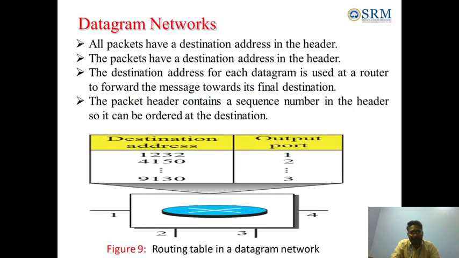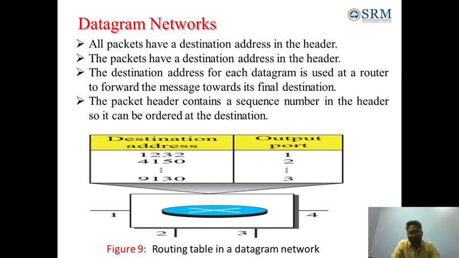The datagram network consists of two main parts: the destination address and the output port. All the packets have the destination address available in the header part. This destination address tells each datagram how to be forwarded towards the final destination.